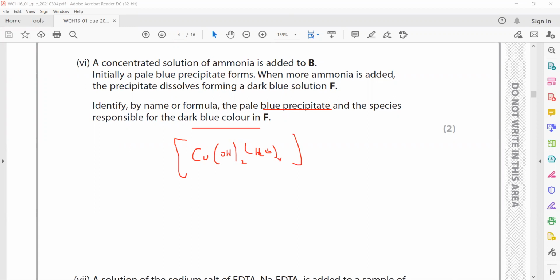And then when we add an excess, it will have amine groups. Some of the water molecules are replaced by amine groups, and the complex will have a charge. That's why it will form a deep blue solution.